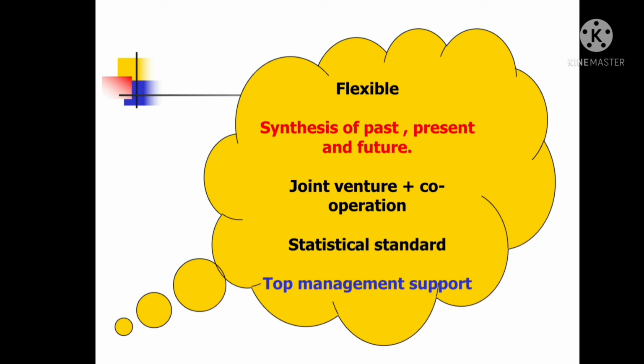Then joint venture and cooperation is very important. Joint venture means participation from all departments and the executives at different levels is necessary. And we prepare this budget using statistical standards because we have to calculate it. Then top management support is very important.